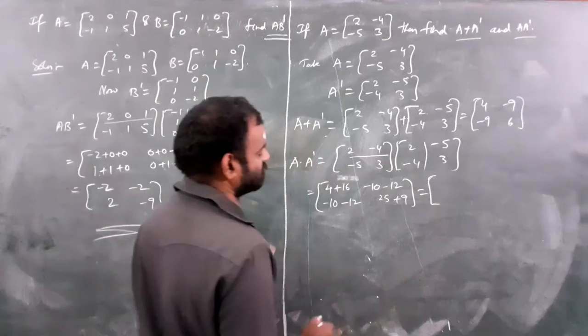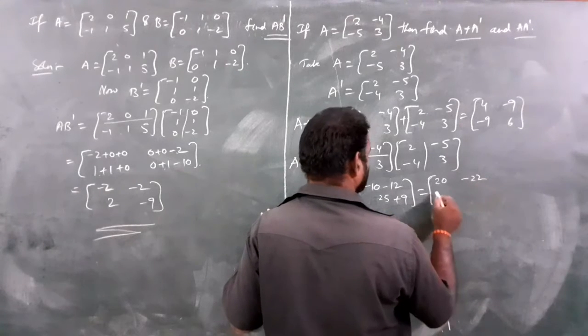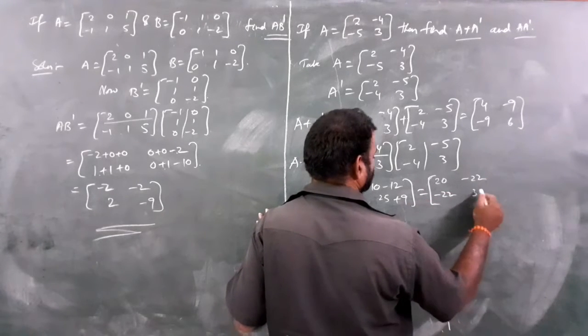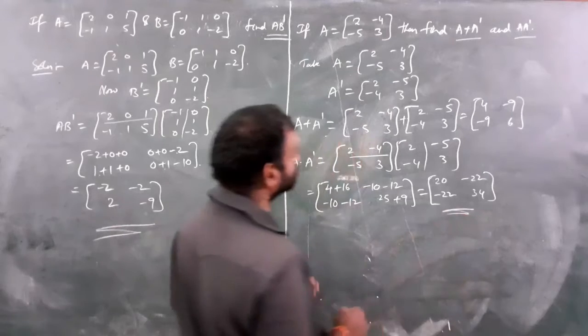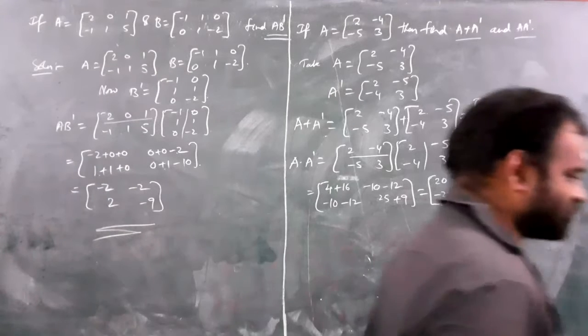This is equal to 4 plus 16 is 20, minus 22, minus 22, 34. A plus A dash and A into A dash, that is, 20 minus 22 minus 22 34.